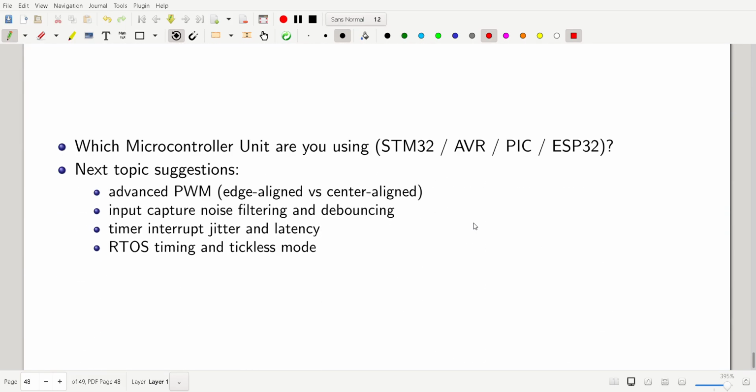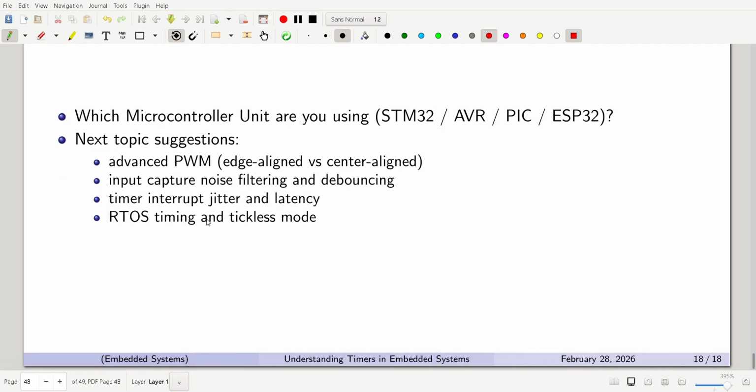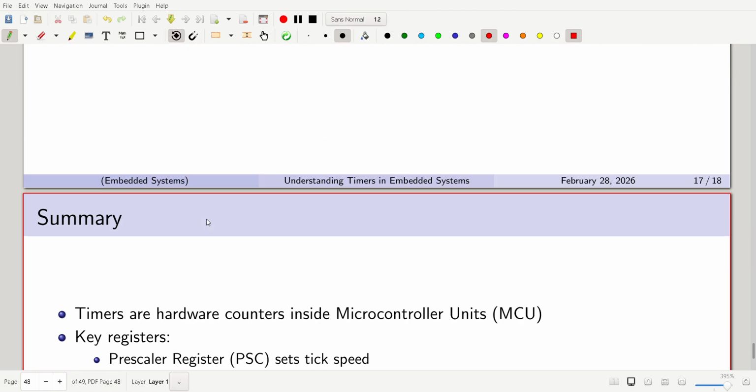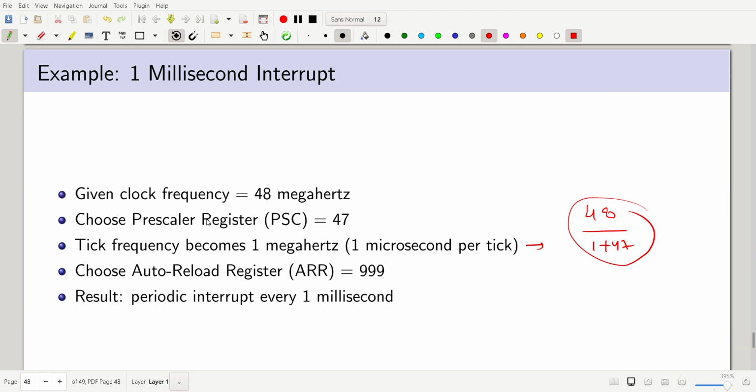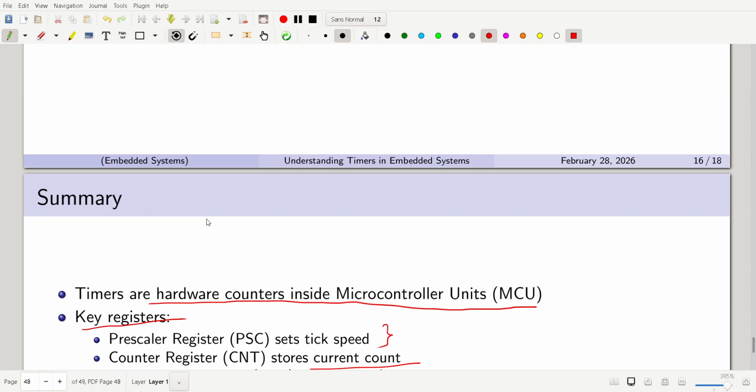Which microcontroller unit are you using? STM32, AVR, PIC, or ESP32? The next topic, I think, will cover more advanced PWM: edge aligned versus center aligned, input capture noise filtering or debouncing, timer interrupt jitter or latency, and RTOS timing or tickless mode. For now we just discussed fundamentals, without diving deeper.